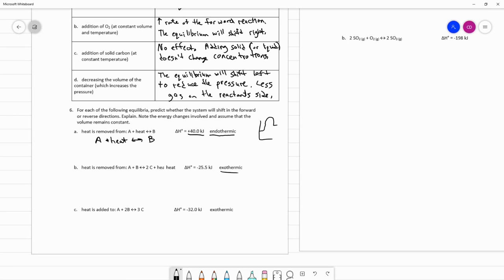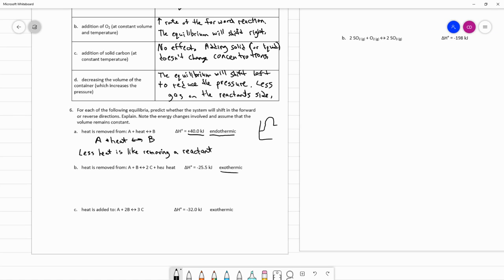So removing a product will cause this reaction to shift left, right? Less heat is like removing a reactant. I'm sorry, I think I said product in my last statement there. That should be removing a reactant.